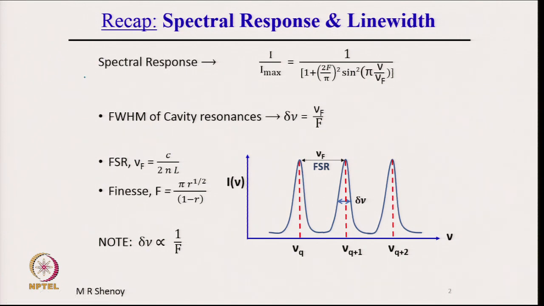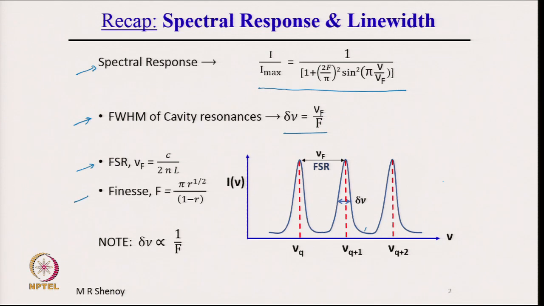We had worked out an expression for the spectral response, which depends on the finesse F, and we also got an expression for the full width at half maximum of the cavity resonances, delta nu equals nu F by F, where nu F is the free spectral range, nu F equals c divided by 2nL. n is the refractive index of the medium inside the resonator and L is the length of the resonator.